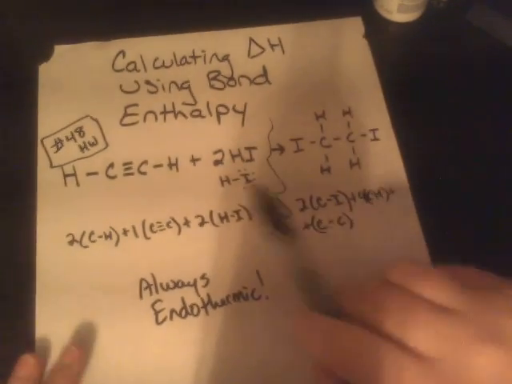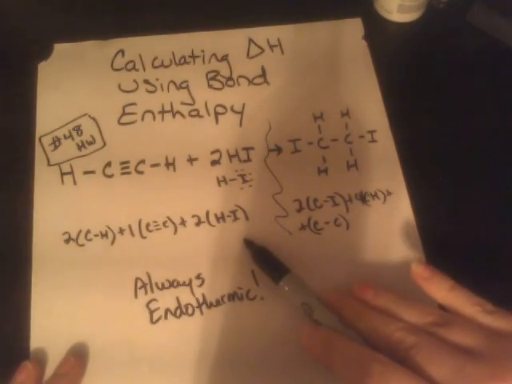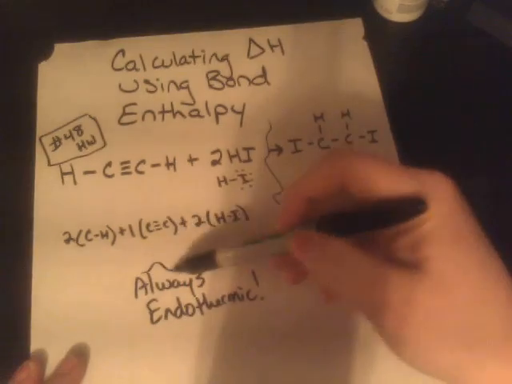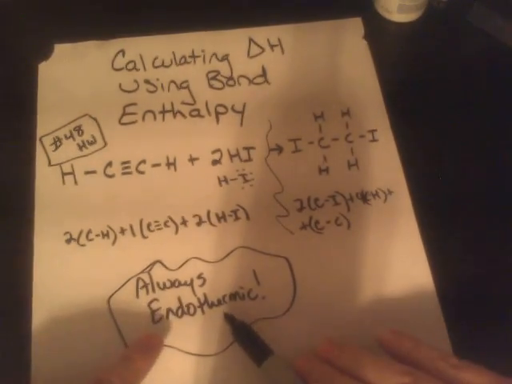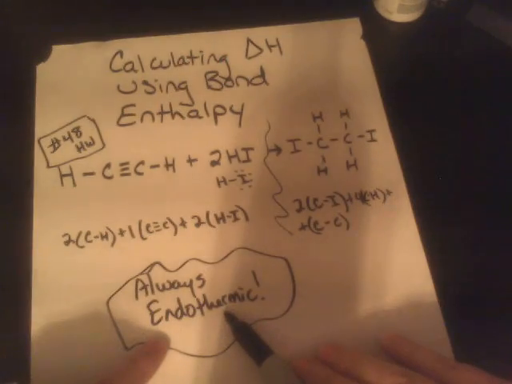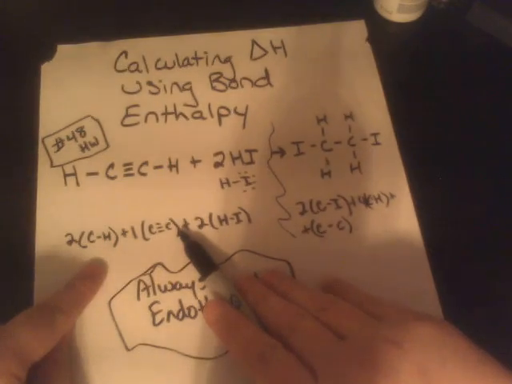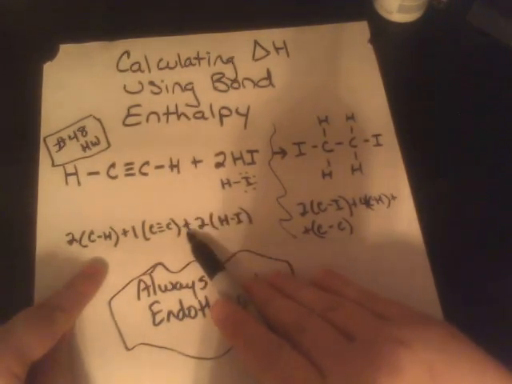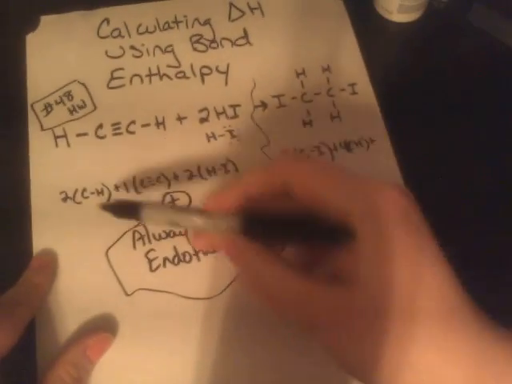We can total these up, and that's all fine and good, but we need to know which side is going to be positive and which side is going to be negative. The values that they give you are going to be endothermic. But on this side, I'm breaking bonds, so I have to give it energy. So this side is going to be positive.